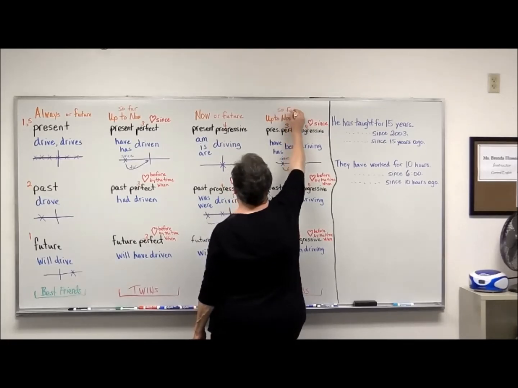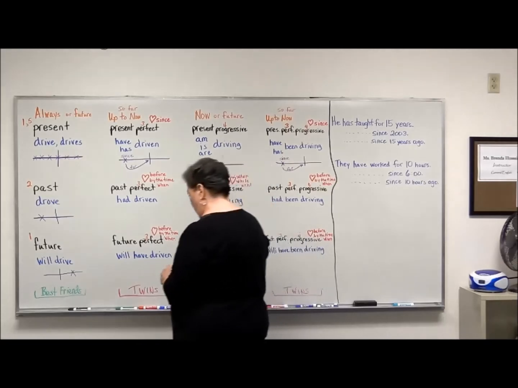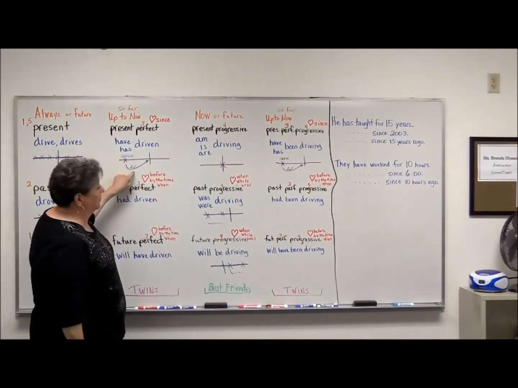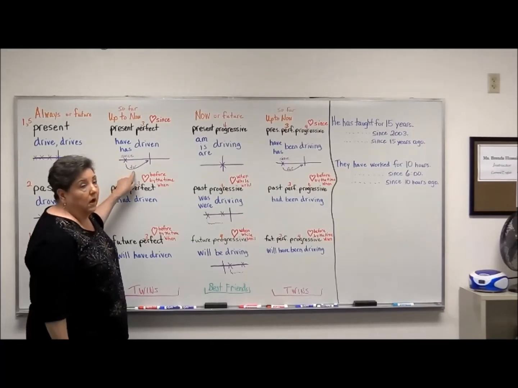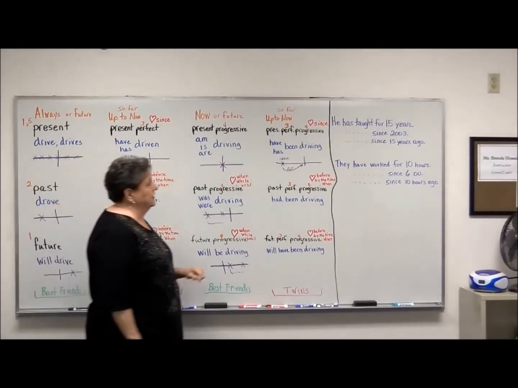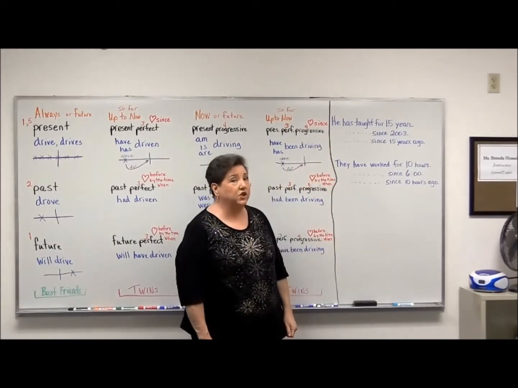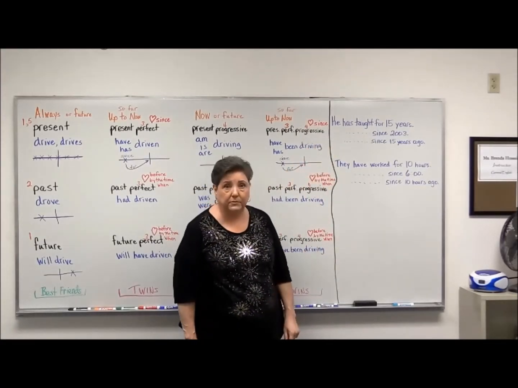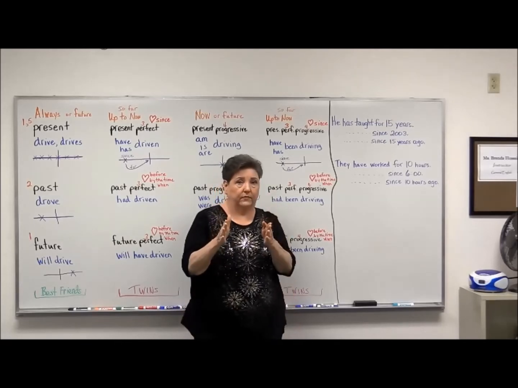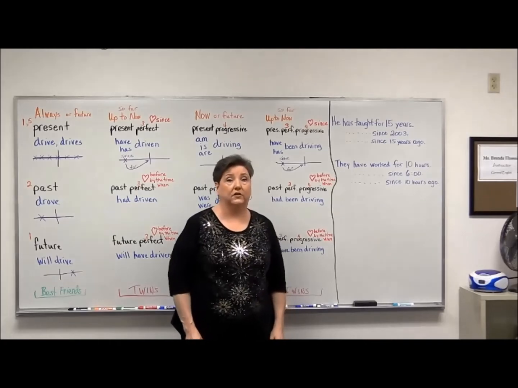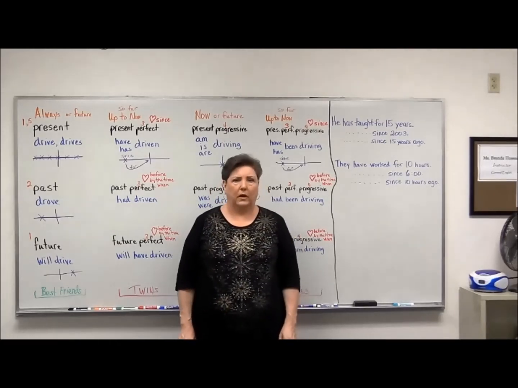Now, do you see where I put the word since and where I put the word for? Let me give you an example. Let's look at this sentence over here. He has taught, did you hear the present perfect? Has with verb 3. He has taught for 15 years. Well, what does that mean?